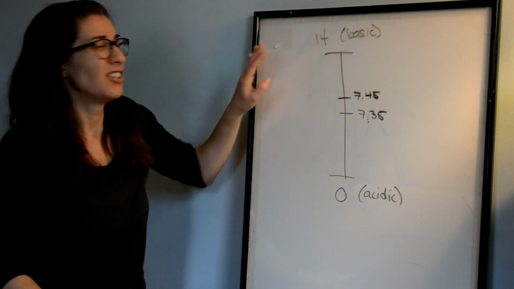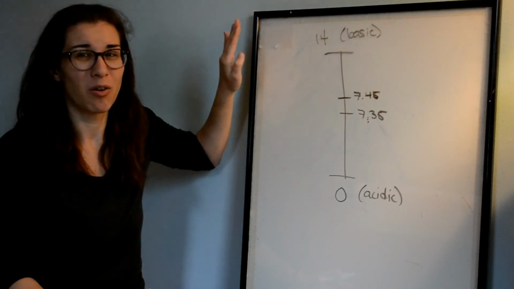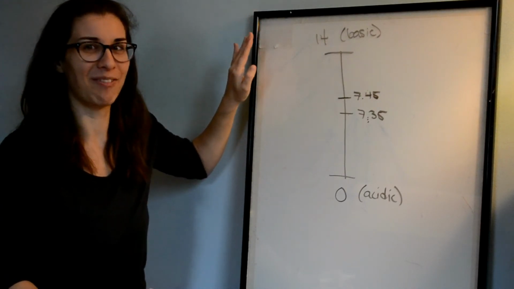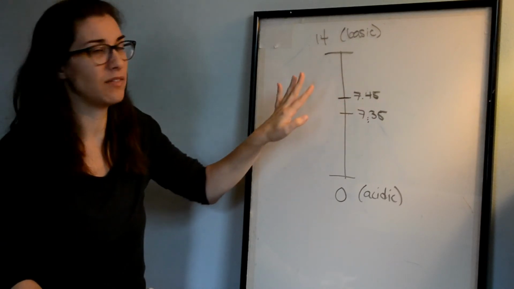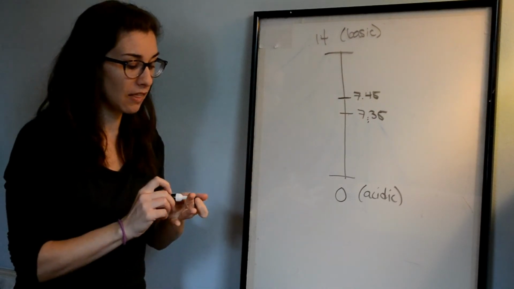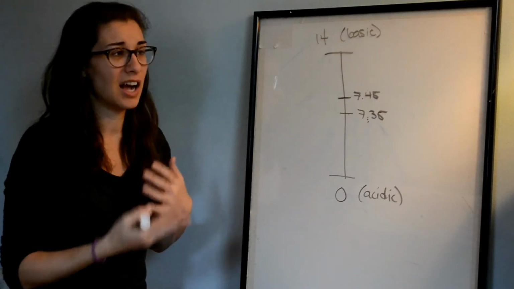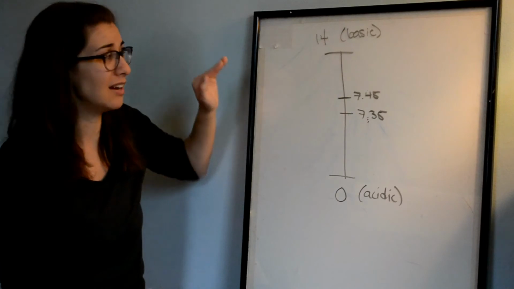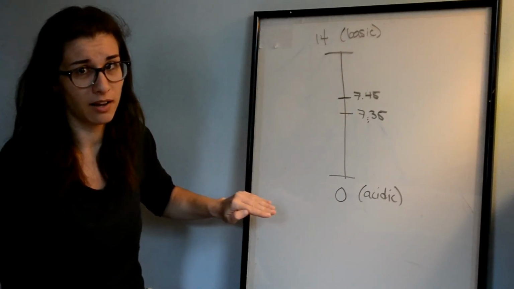So it's kind of in that neutral sweet spot. It's not too acidic, it's not too basic or alkaline, if that's the word. So it has to stay in the 7.35 to 7.45. There can be serious health risks and consequences if the blood stays either too basic or too acidic.